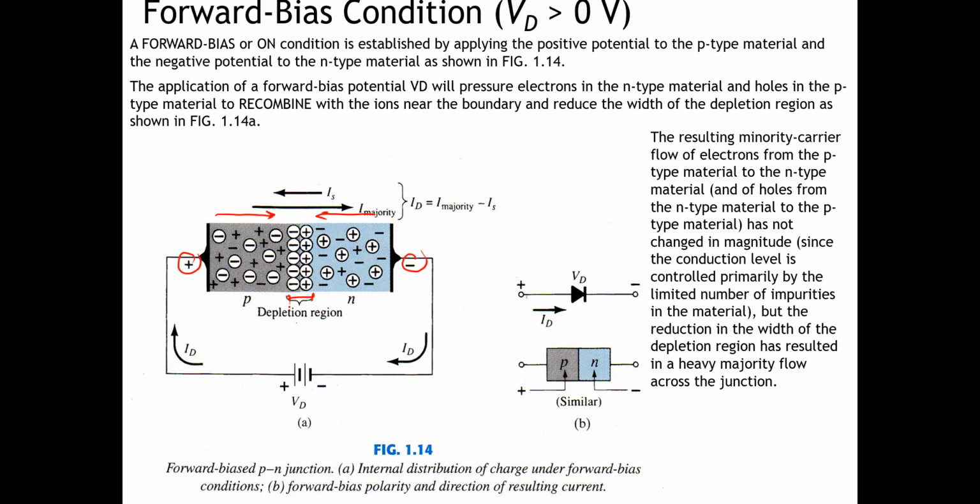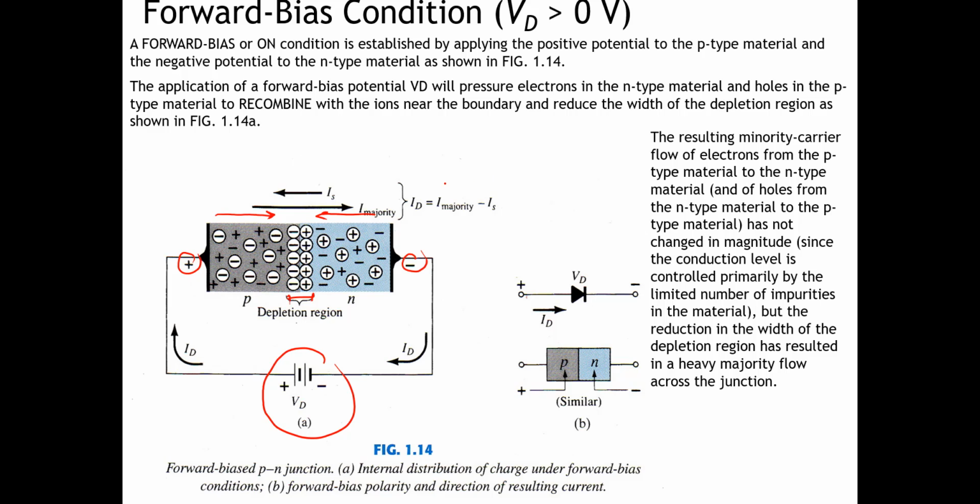If the diode voltage VD is large enough, the current will flow from the p-type to the n-type.